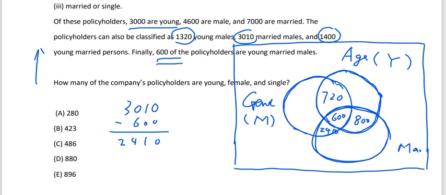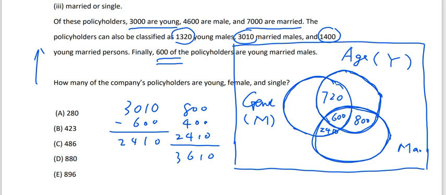Then let's say total married is 7,000. So married, so far we have how many? We have 800, 600, and 2500. So far we have this.